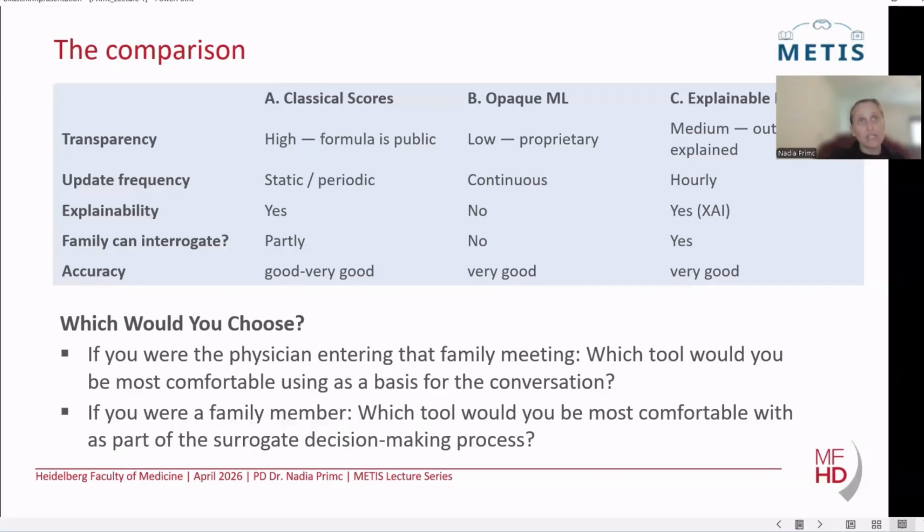And the explainable machine learning model from scenario C uses a documented set of variables, including long-term medical history. It updates every hour. It also predicts 90-day mortality. It has an externally validated good accuracy after those 10 days in the ICU where our patient is now.